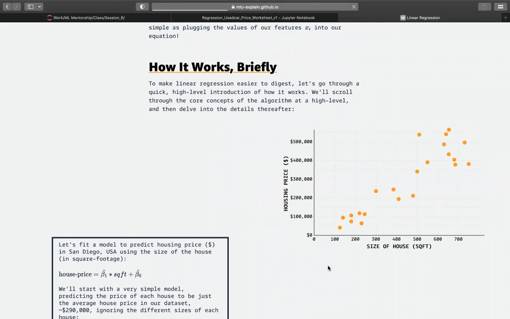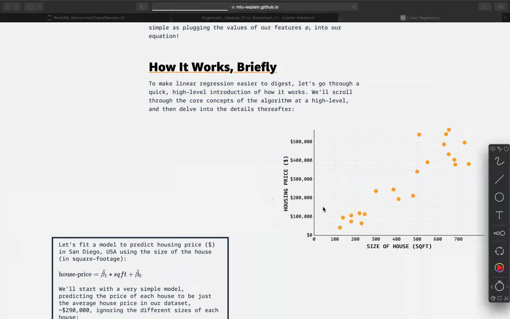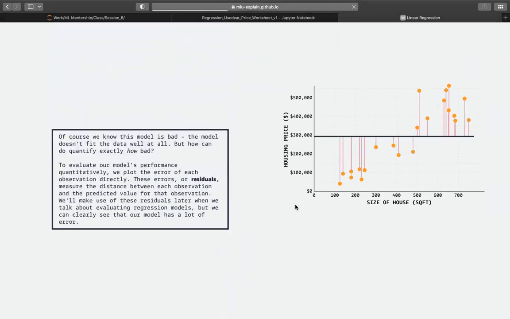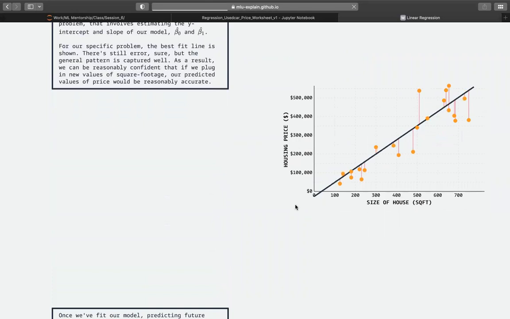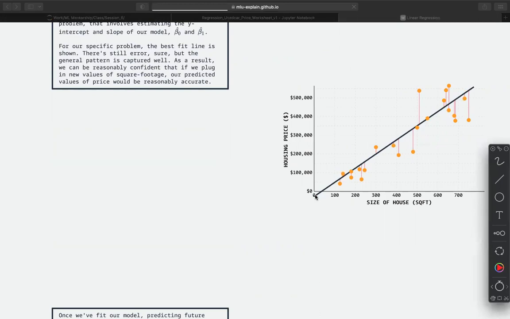And you can see as the carpet area or square feet of the size increases, the price of the house also increases. It's a positive correlation here, isn't it? So now, if you want to build a model, let's say this is the line which depicts the relationship between the size of the house and the price of the house.